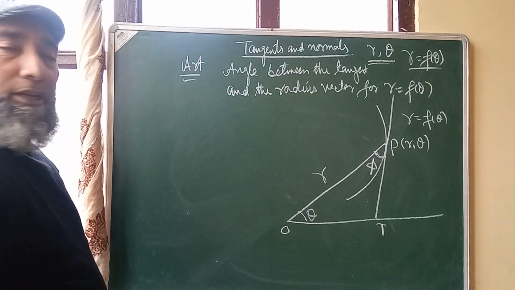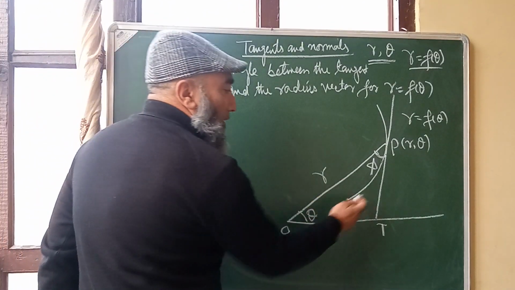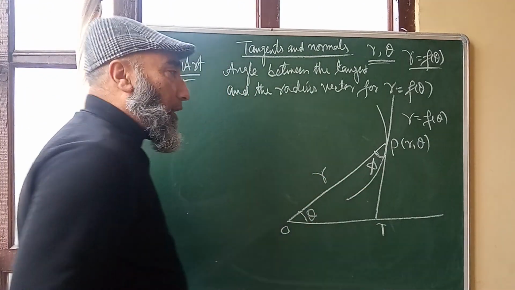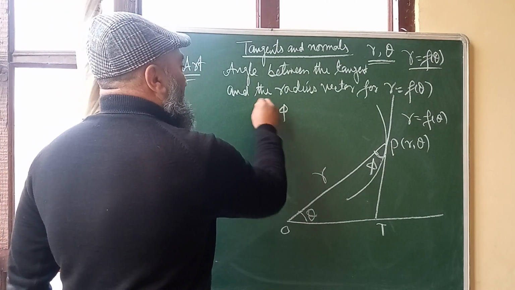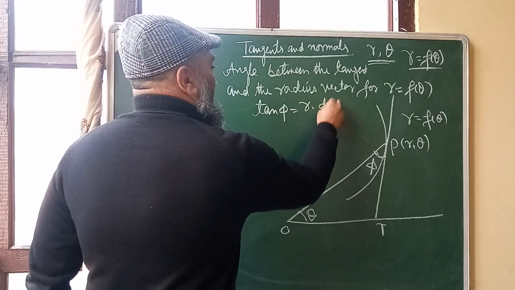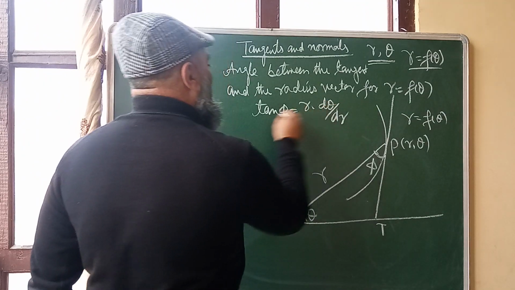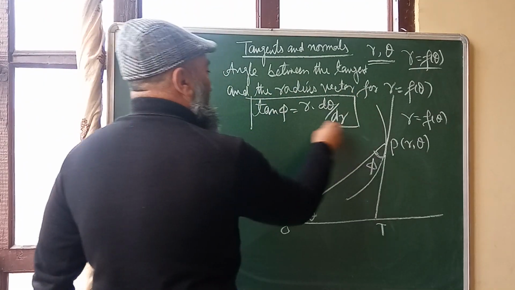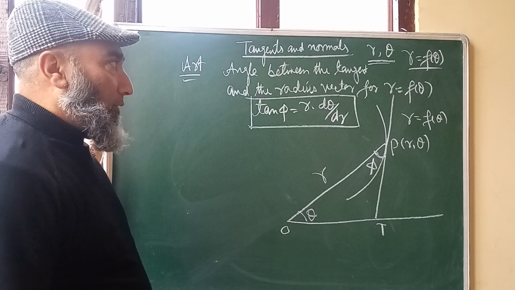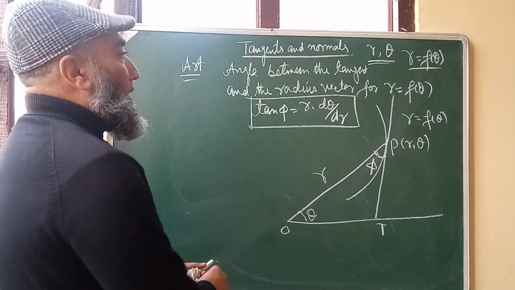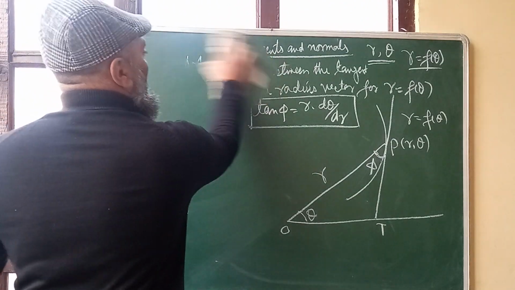I know this angle is given by tan phi equal to r d theta by dr. This is our first article, and we will first prove it. Okay, let me start proving this article now.